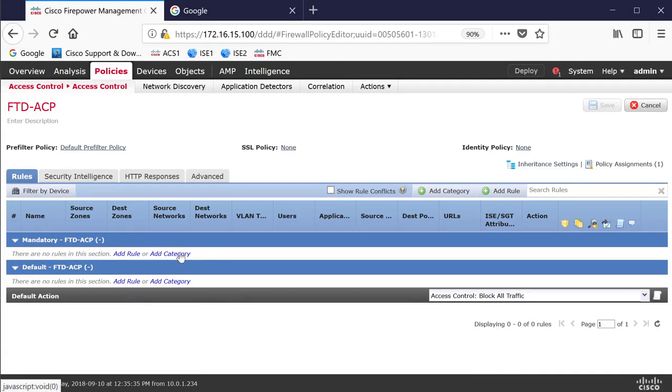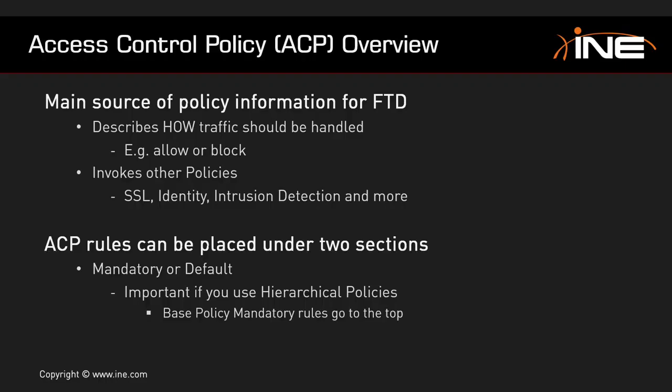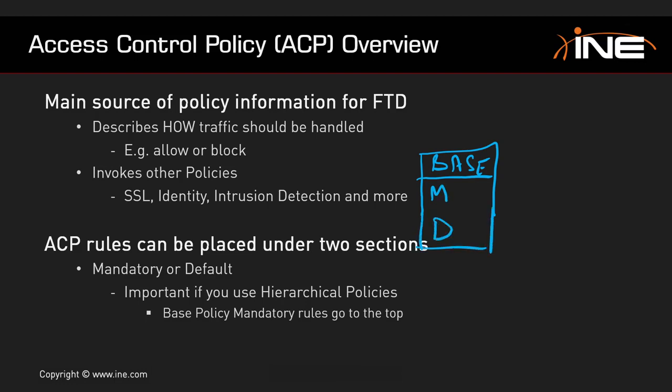You can even create your own categories, your own sections. The rules will always be processed in a top-down fashion, like with an access list. So nothing changes here. But if you actually plan to use these, so you'll first build a base policy and then you will add a child policy, these sections will be important because your base policy will have mandatory and default rules.